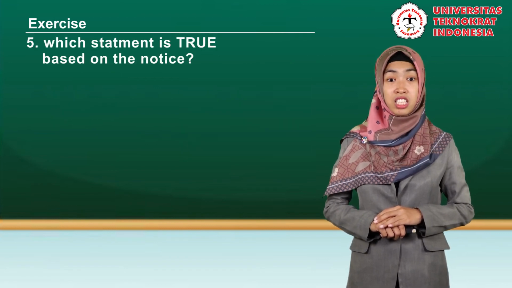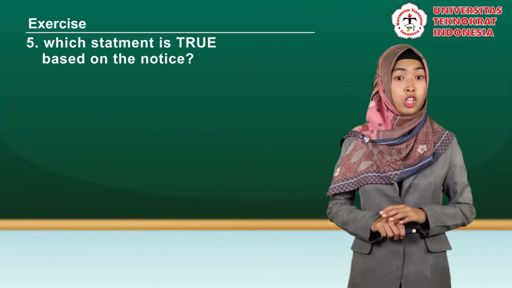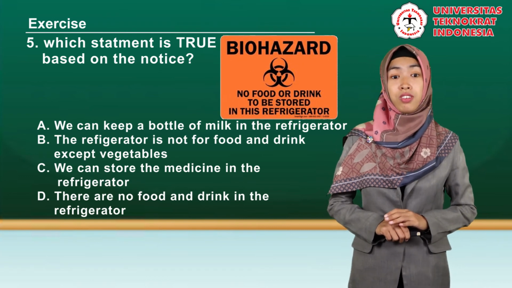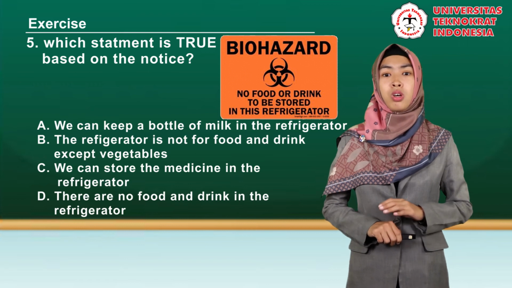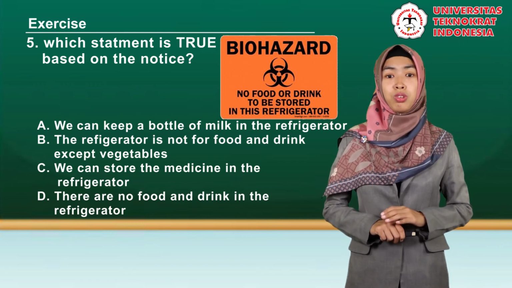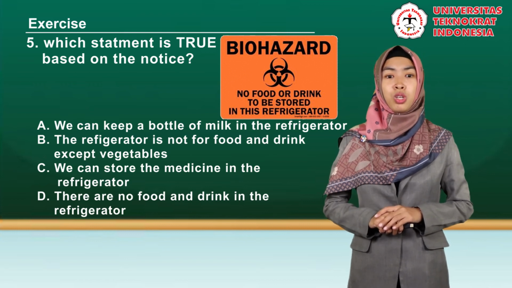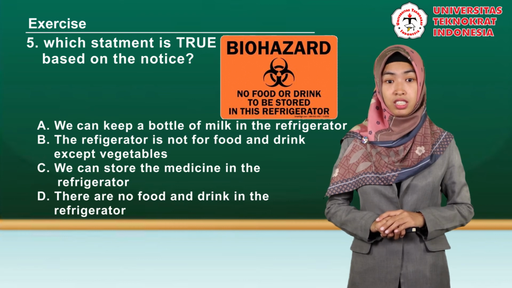Here we have a yellow notice that tells us no food or drink to be stored in this refrigerator. So the question, which statement is true based on the notice? A, we can keep a bottle of milk in the refrigerator.